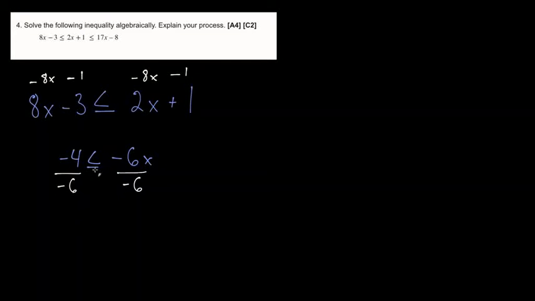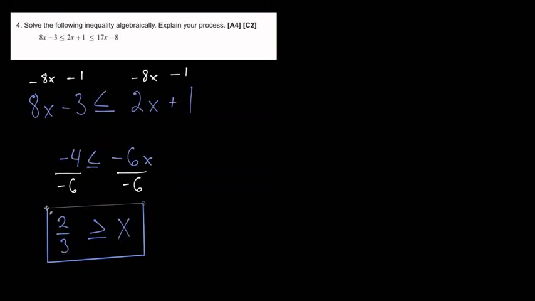And keep in mind, whenever you divide or multiply by a negative with inequalities, we have to flip the signs. And we get 2/3 and x. So we know, logically, there has to be a section of this inequality that says x is less than or equal to 2/3. That'll come into play later.